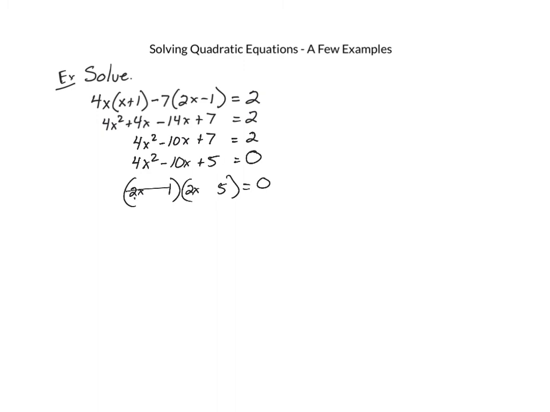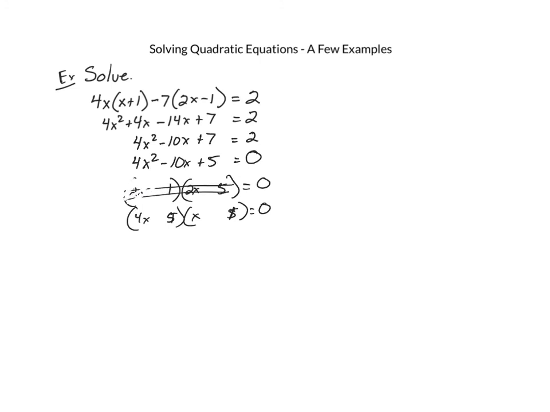So that didn't work. So let's try 4x and 1x quickly. So I have 4x and x, 1 and 5, nope. 5 and 1, nope. So that didn't work. I've run out of things to try.